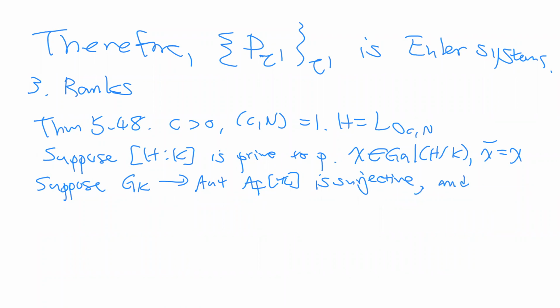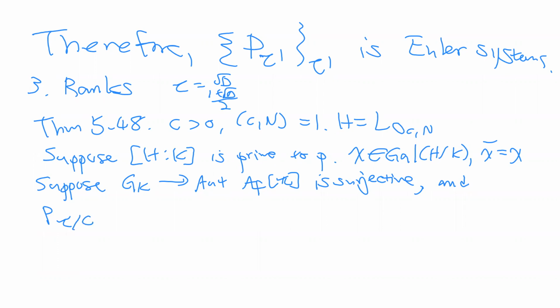And importantly, I should recall what pi is. You might remember pi is either root d or 1 plus root d over 2, depending on whether d is congruent to 1 or not, mod 4.